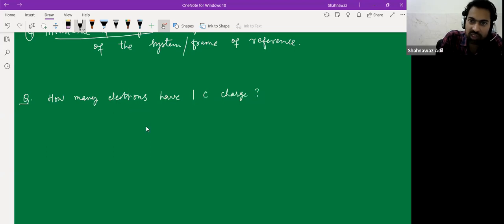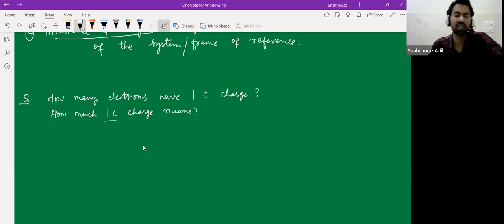Or you can interpret it as: if you have 1 coulomb charge, then what would be the number of electrons?